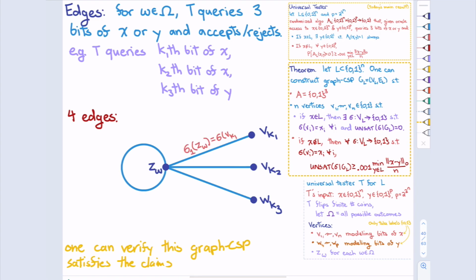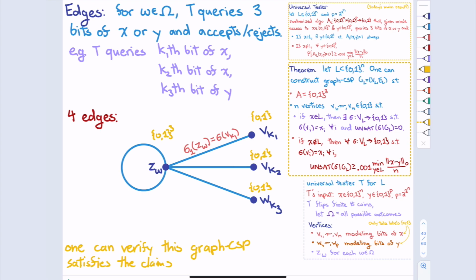Just remember, we should think of each of these as being labeled 0 or 1, whereas z omega will be labeled something from {0,1} cubed. So z omega will get 3 bits in one of its labels, while the others effectively get 1 bit.